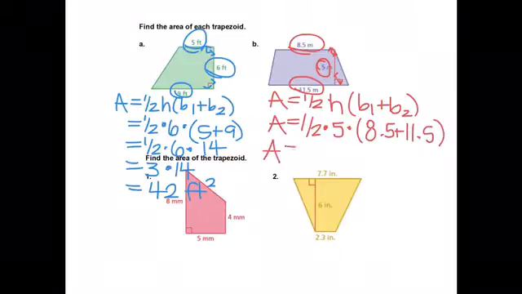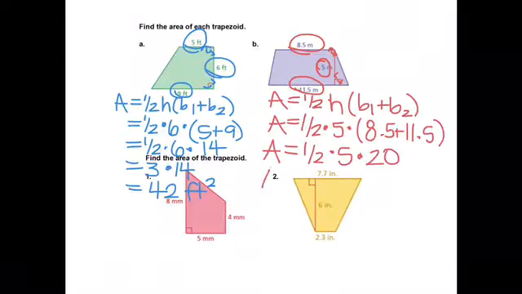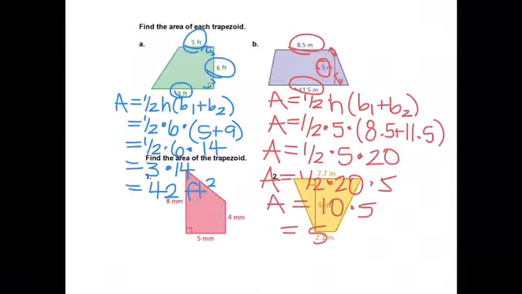Inside the parentheses first, 1/2 of 5 times 8.5 plus 11.5 is 20. I'm going to switch the order of this so I can use mental math, even though I do have a calculator. 1/2 of 20 is 10, and 10 times 5 is 50 meters squared.